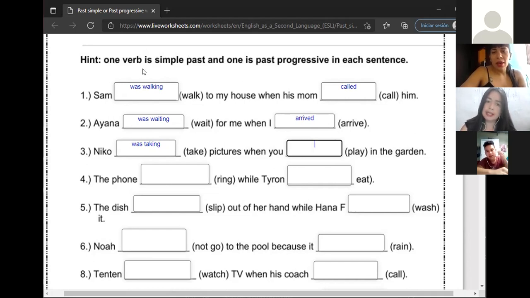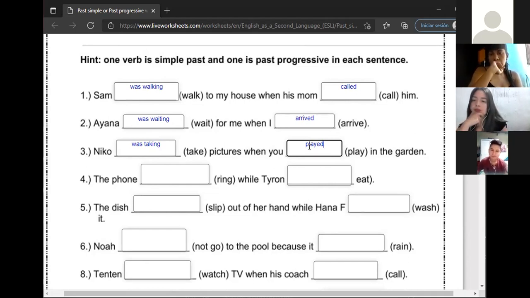But Nico was taking pictures when you were playing in the garden. I was taking a picture when you played in the garden. No, but when? Okay, if you have any questions, you can read the examples that are above. There are examples above.